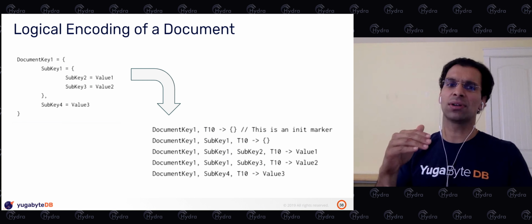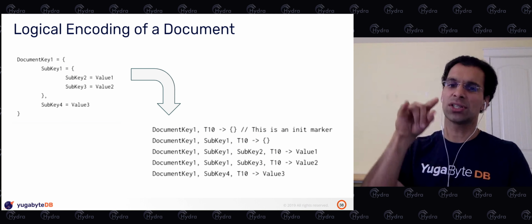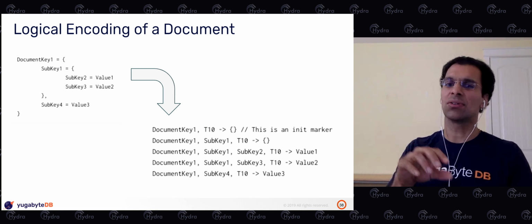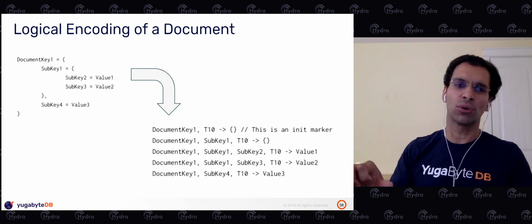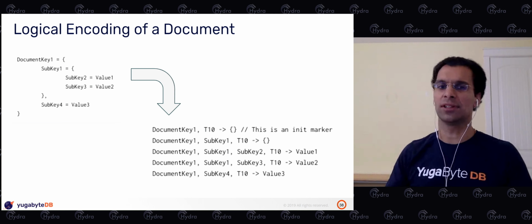So you could, for example, delete subkey 1. You could delete or read just subkey 1 dot subkey 2. You could read subkey 4 alone. So you could do a lot of fine-grained operations in DocDB, which are upserts, updates, and reads at an attribute level.